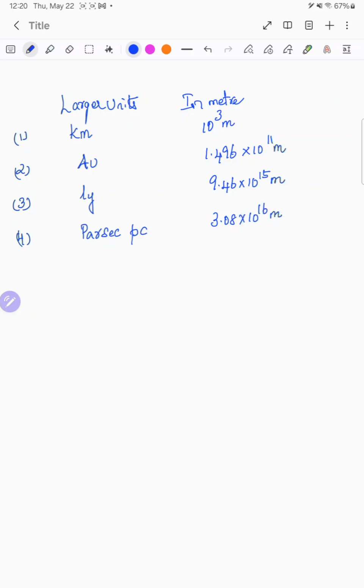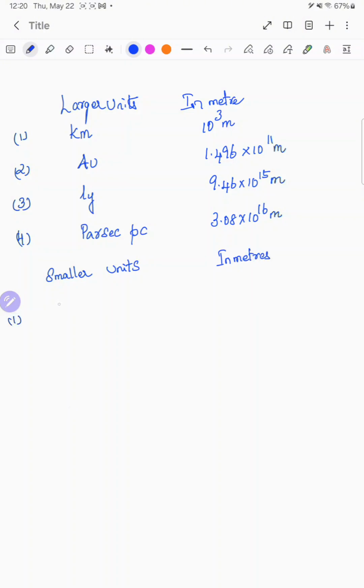These are some of the larger units we have seen so far. There are also smaller units to be counted. They are as follows, and we will see them one by one, with how many meters each is.